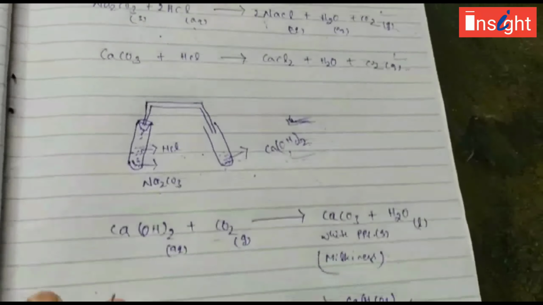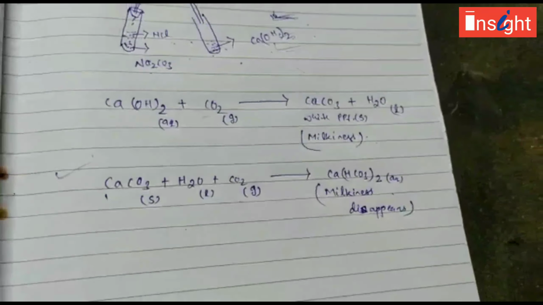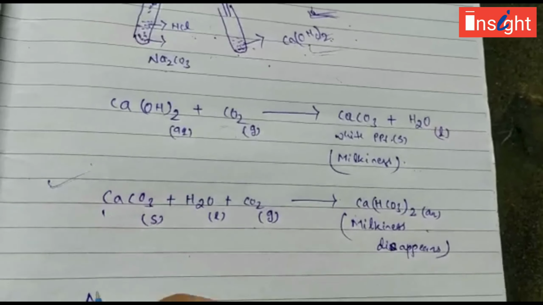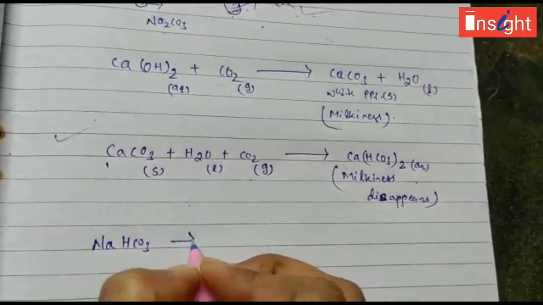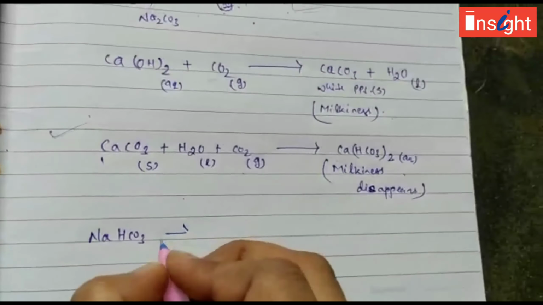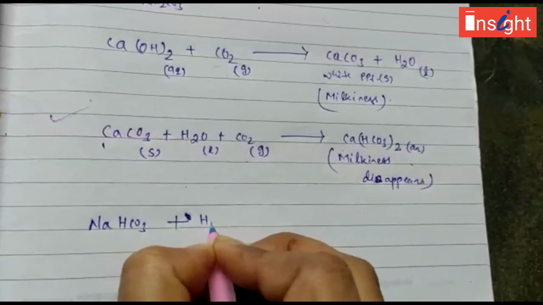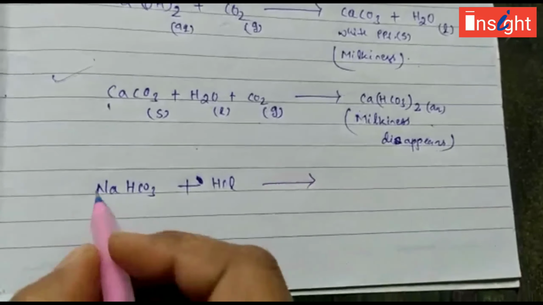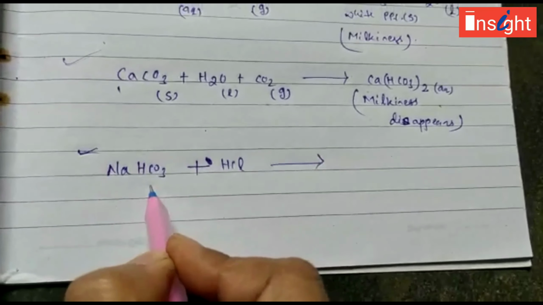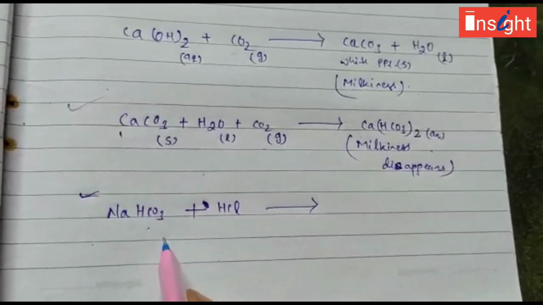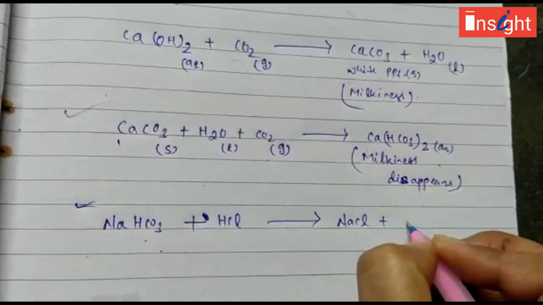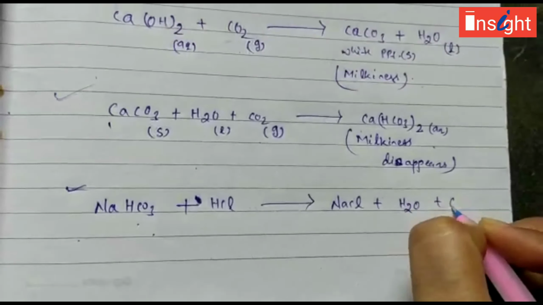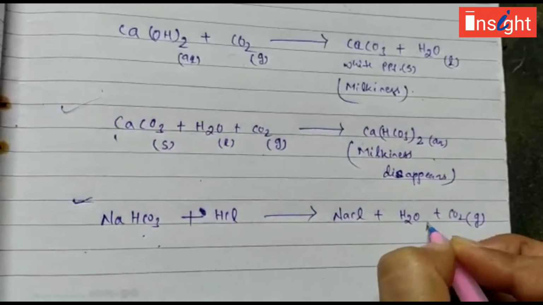Similarly, for metal hydrogen carbonate, which is known as metal bicarbonate, I can write NaHCO3, that is sodium hydrogen carbonate, or sodium bicarbonate. When it reacts with HCl, it gives NaCl plus H2O plus CO2.